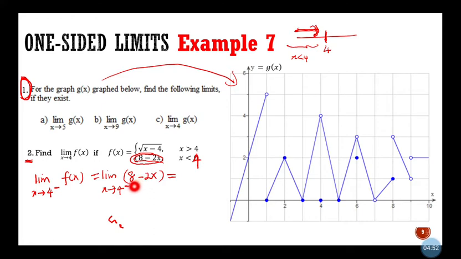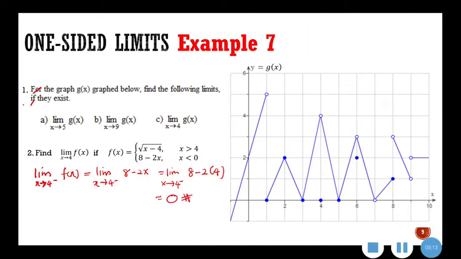So now we have chosen the second function, because from the left it should be somewhere where the value of x is less than 4. We put in 4 inside, then what are you going to have? 8 minus 2 times 4, so you will get 0. Alright? So that is done for the limit as x approaches 4 from the left.